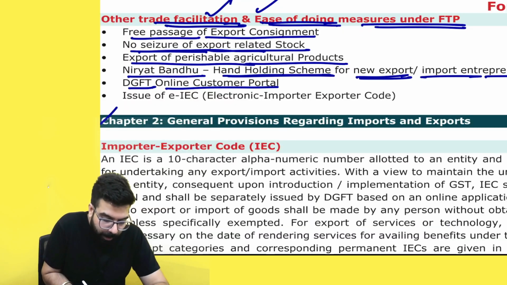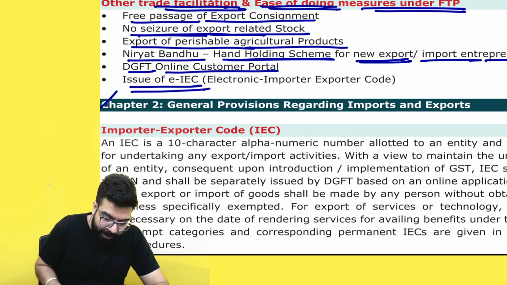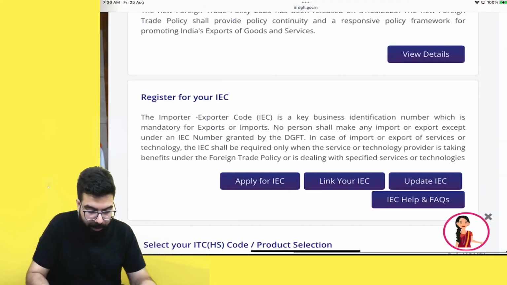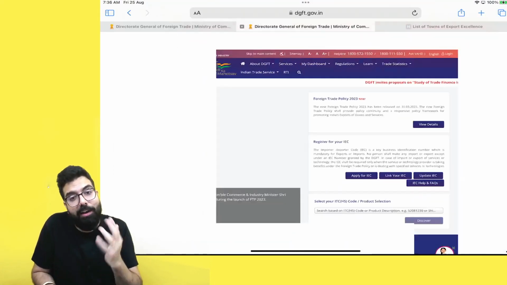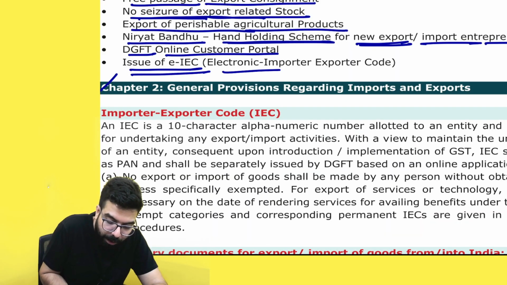Okay, next. Issue of IEC, sir, electronic IEC, e-IEC they are telling. Now, if you want your IEC, register for IEC, you can go ahead and take IEC online. These are the various trade facilitation measures being provided under the foreign trade policy.